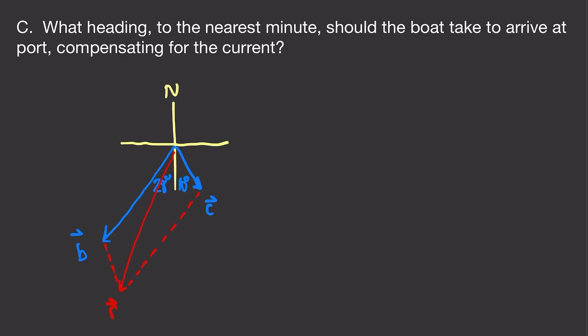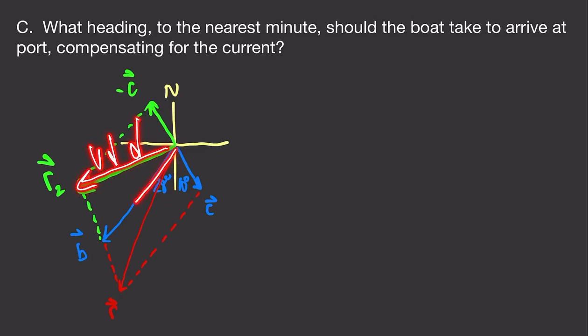So here's where we use the negative or a compensation vector. What I need to do is figure out a vector this way, which happens to be negative c, so that if I point the boat in this direction, which we'll call resultant 2, the current is still pushing it here, but the boat's actually going to go on this path.